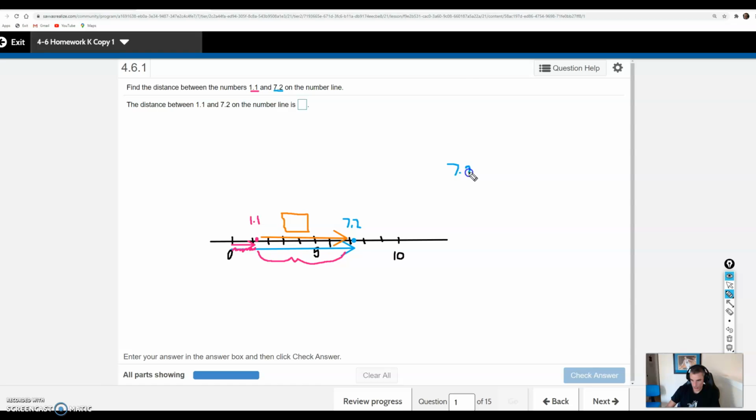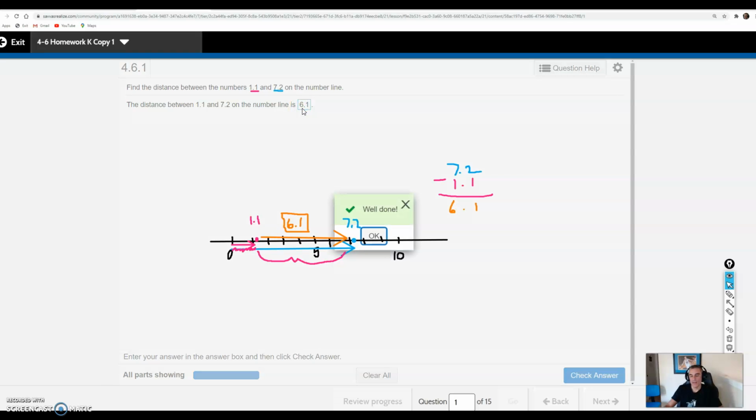That's the blue arrow minus the length of that pink arrow, and that'll give us the distance from one to the other. So I took the blue arrow, I subtracted the pink arrow, and that's going to give me this orange distance in between. Don't forget to make sure your decimals are lined up. 2 minus 1 is 1, 7 minus 1 is 6. So this distance right here is 6.1. That's how far it is from my pink dot to my blue dot.